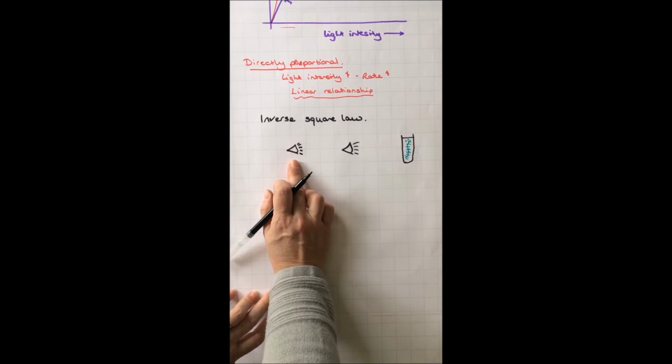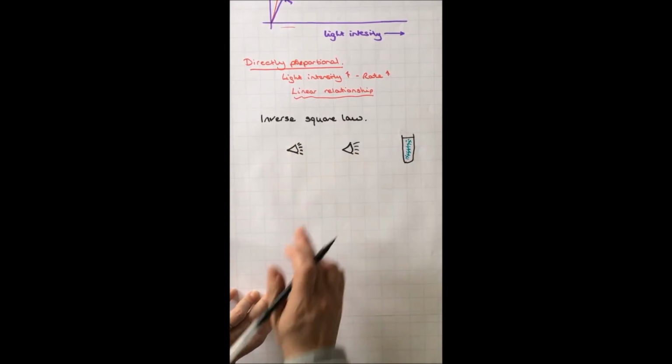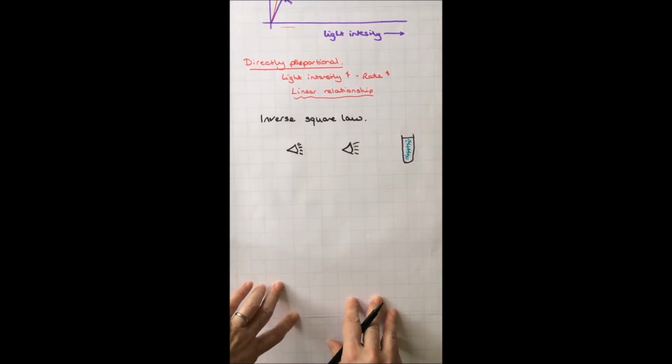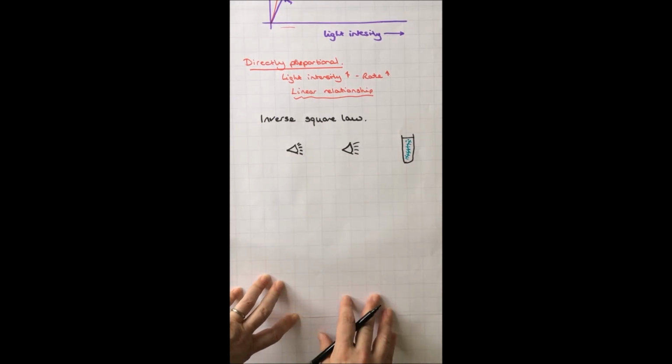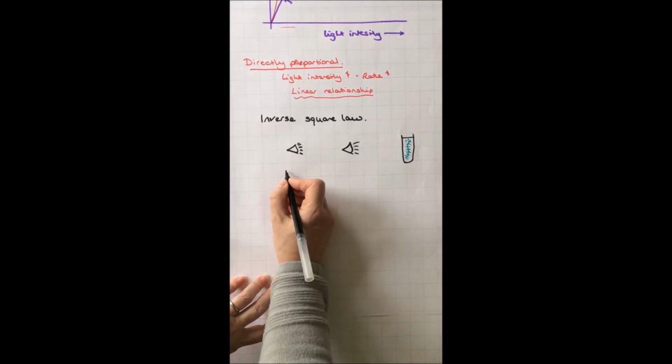And I can work out the light intensity of my new position by using the inverse square law. What I use is this equation.